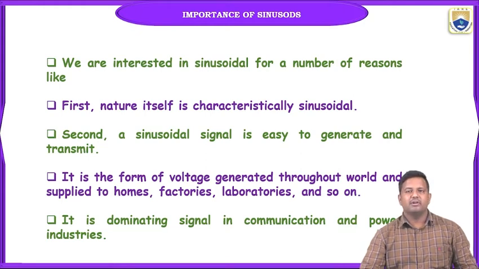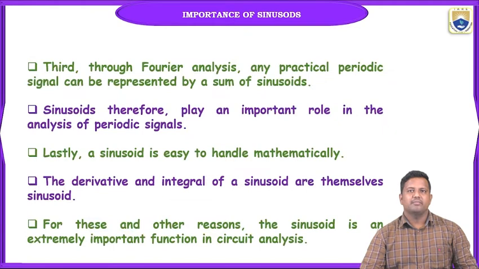This is also one of the important reasons why we choose sinusoidal signals as AC signals. Another important reason is that through Fourier analysis, any practical periodic signal can be represented by a sum of sinusoids. To do any periodic signal analysis, we need to apply Fourier analysis.